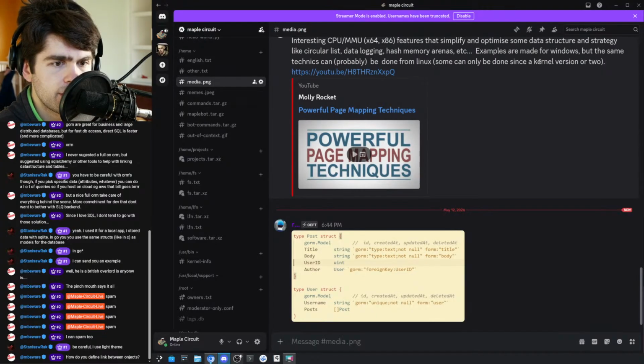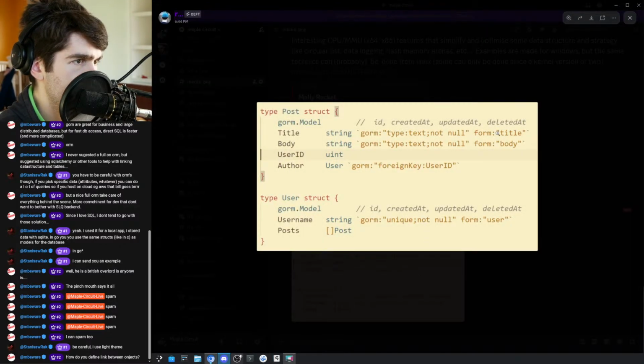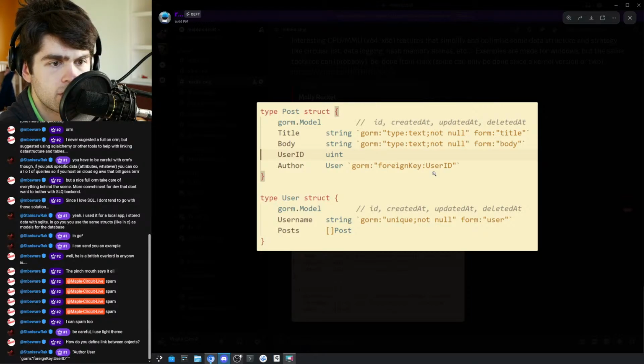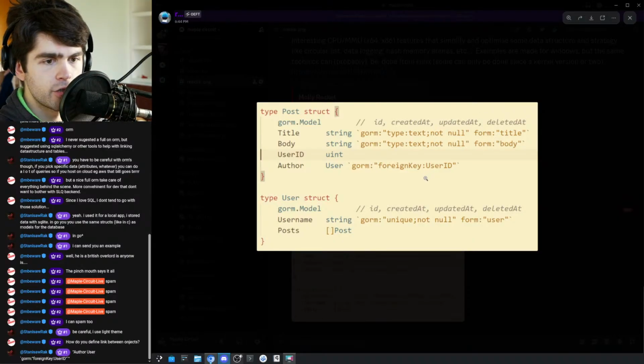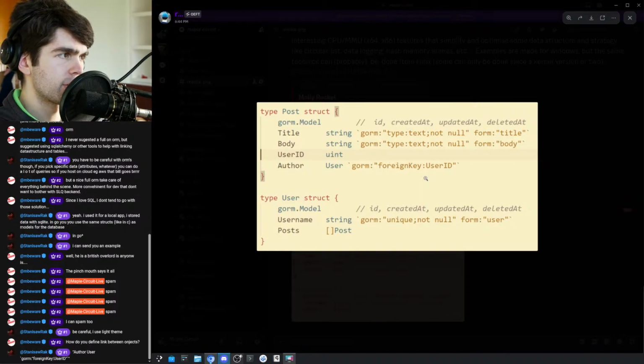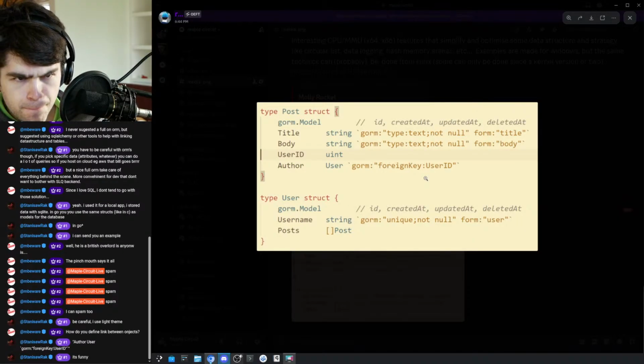How do you define links between objects? Isn't it true foreign keys like this? It's the clarity here. So it's truly just like one single SQL setup, I guess.